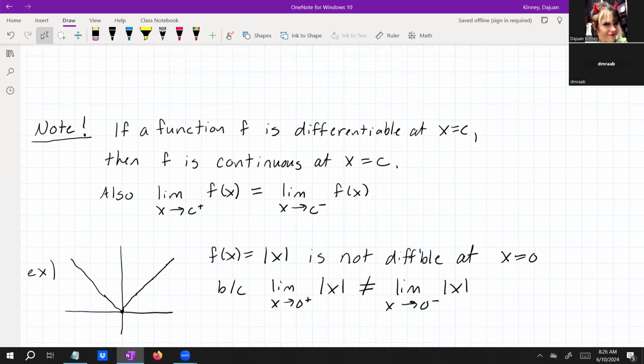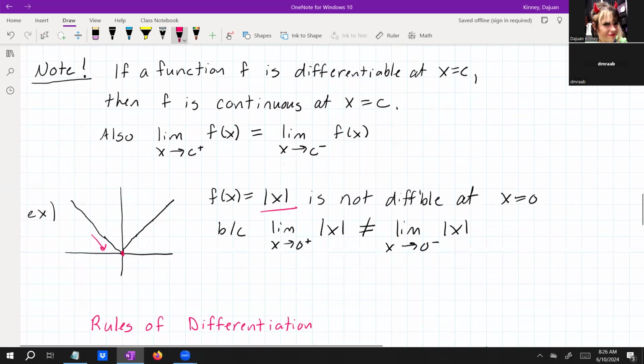An example of one that's continuous but not differentiable is our absolute value function. It is not differentiable here because as we come down in this direction, our limit is, actually they do agree, don't they? Hang on, brain.